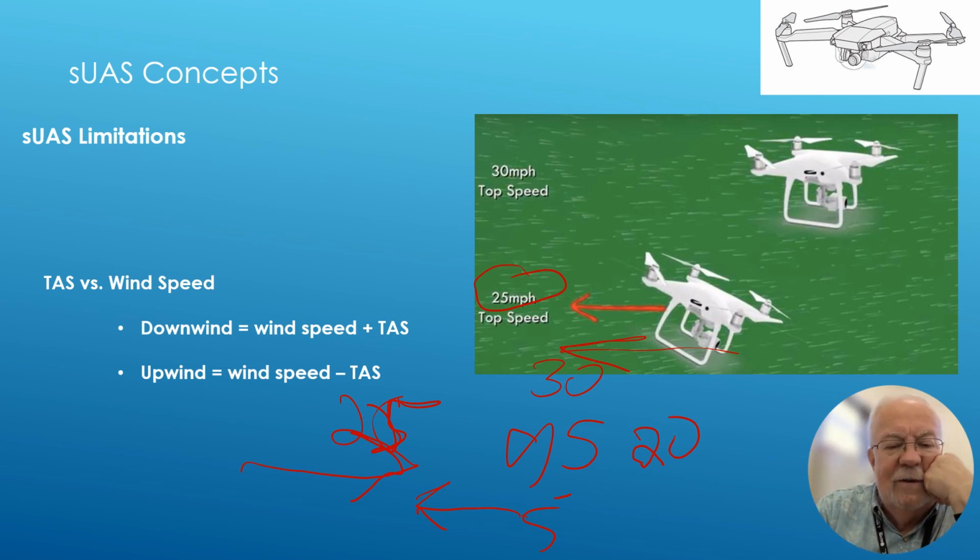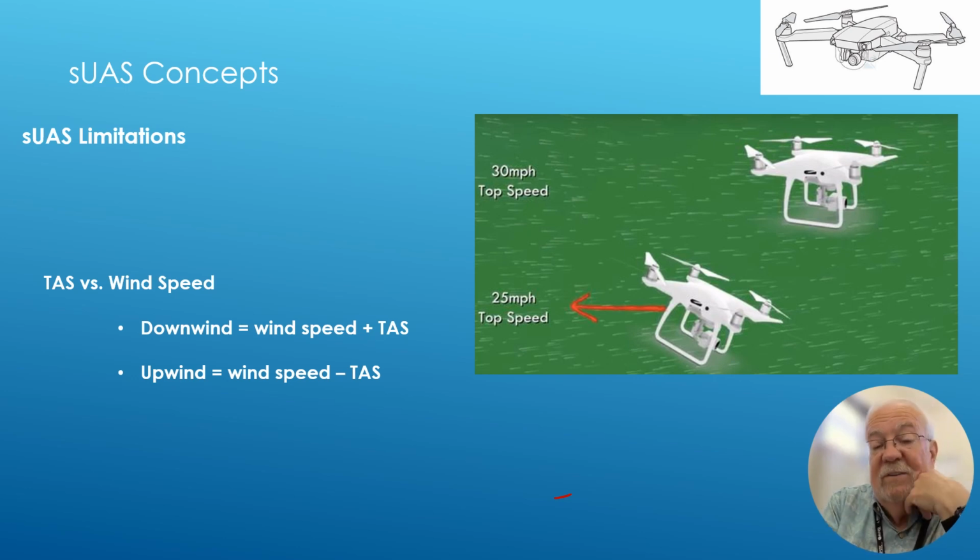Let's see if I can erase this and start from scratch. Yeah, I can. Let's say that we have a strong wind. Let's say your drone, you've got a Tello, right? Ryze Tello. It can only go 10 miles an hour. What if you have a 10-mile-an-hour wind? So you're traveling this way, max speed 10 miles an hour.